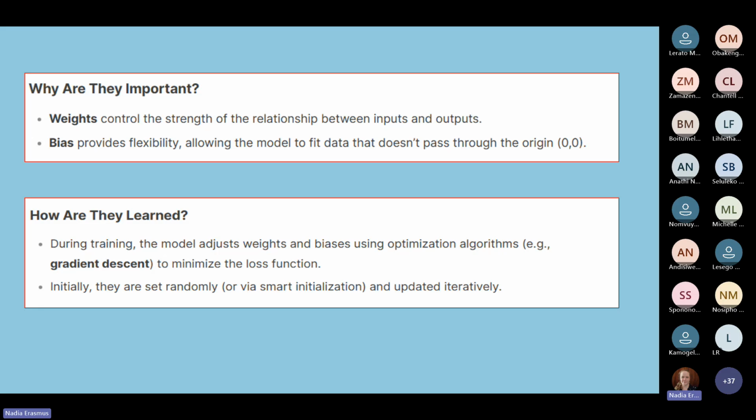So let's go and look at the next thing. Okay, how are the weights learned? We are going to start with a basic weight, and we're going to optimize it and adjust it as we build the model. We're going to use gradient descent to minimize the loss function.